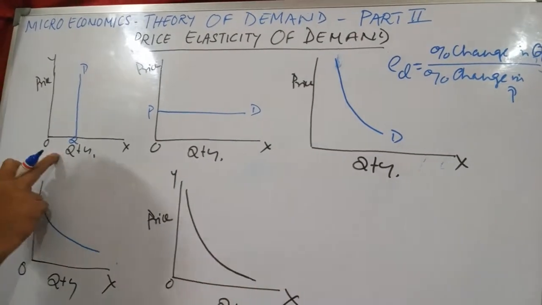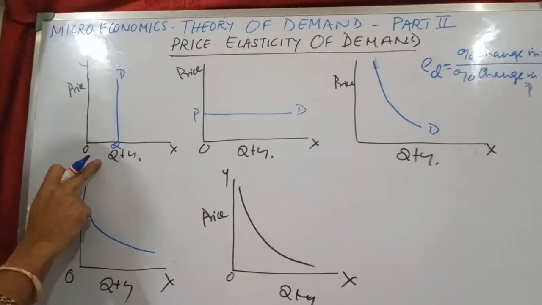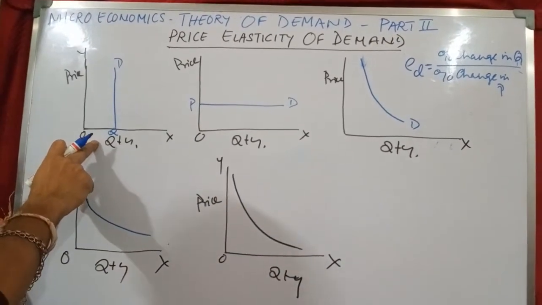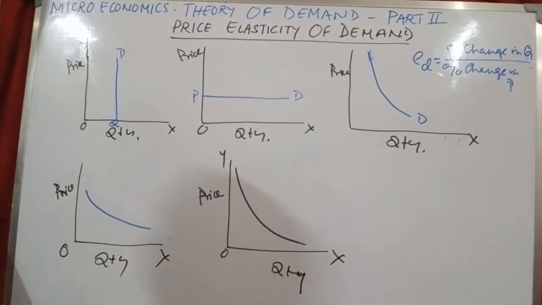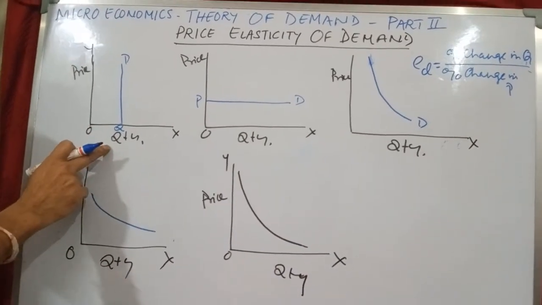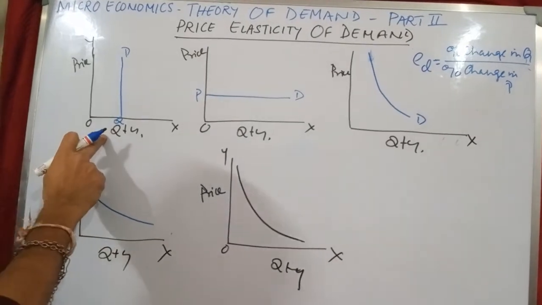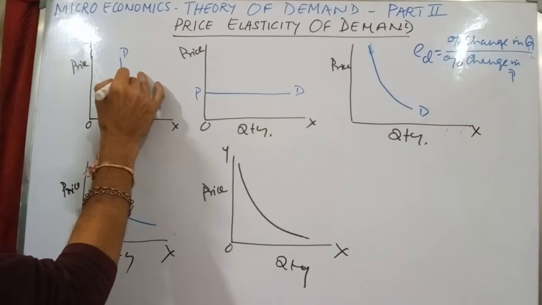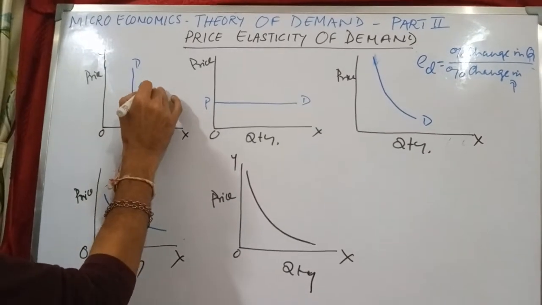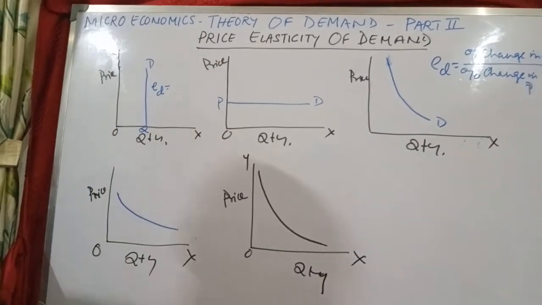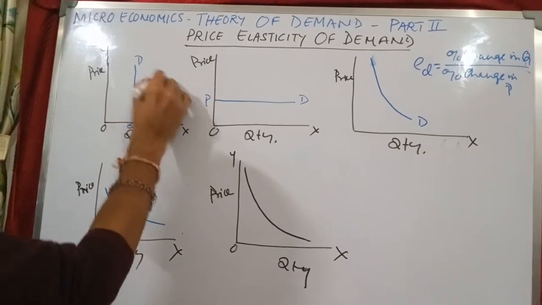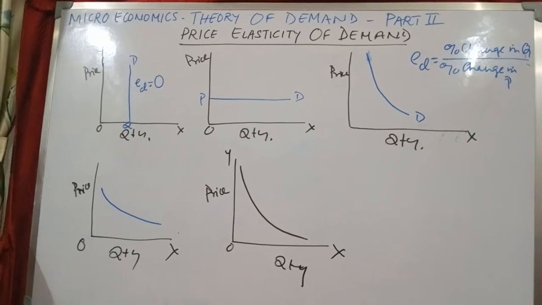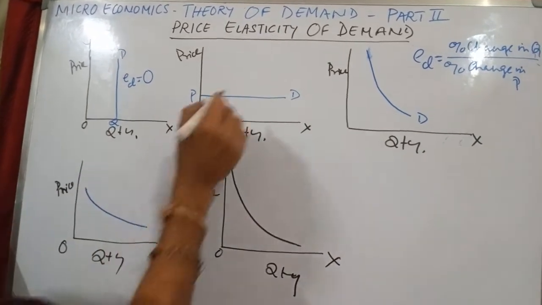Now here you see there is no change in Q, that is percentage change in Q is 0. Here percentage change in Q is 0, right? So elasticity for a vertical straight line demand curve is equal to 0. Correct?